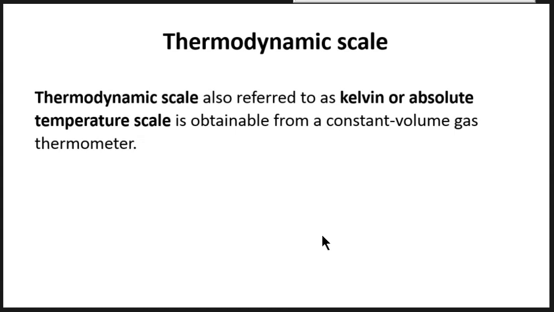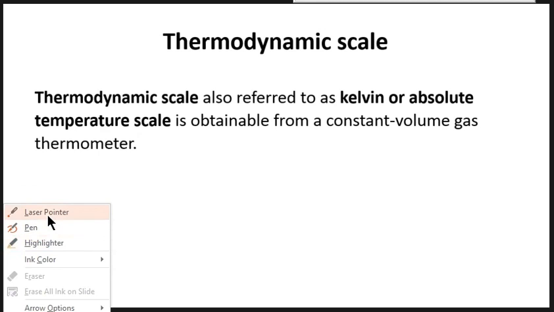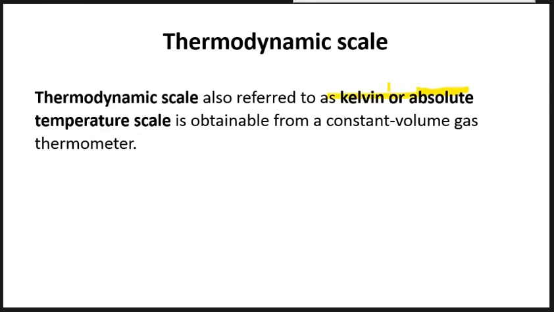The thermodynamic scale is also referred to as the Kelvin or absolute temperature scale, and is obtainable from a constant volume gas thermometer. So whenever you hear me mentioning Kelvin or absolute scale, temperature scale, then I'm actually referring to the thermodynamic scale. And I say it's obtainable from a constant volume gas thermometer.